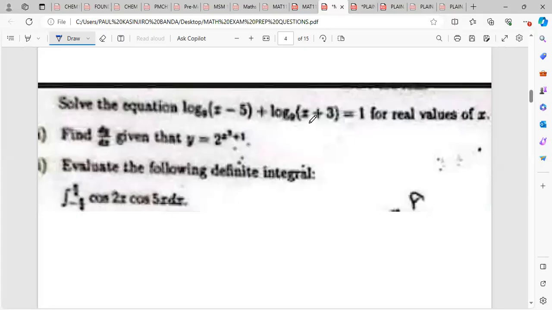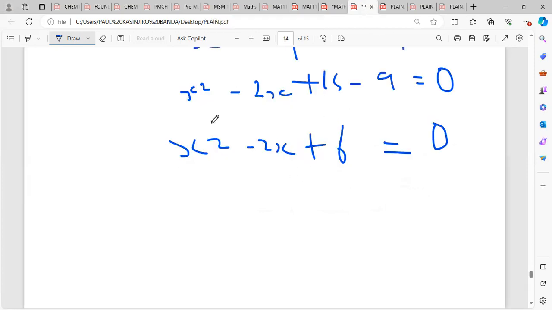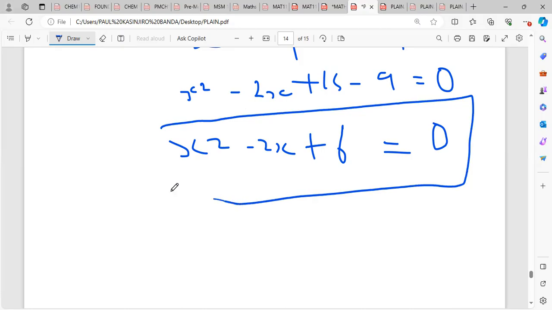Show that for all values of x. Solve the equation that is equal to 1 for real values of x. So this equation here, I don't see it for factors. I don't know about you guys. Do we have factors for this equation?